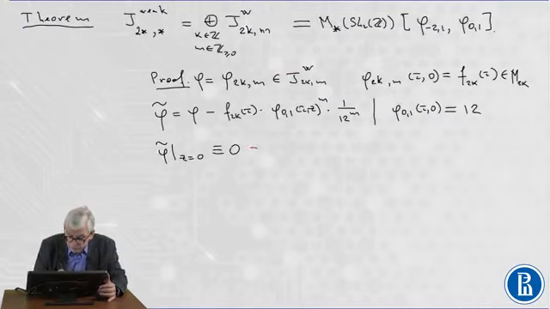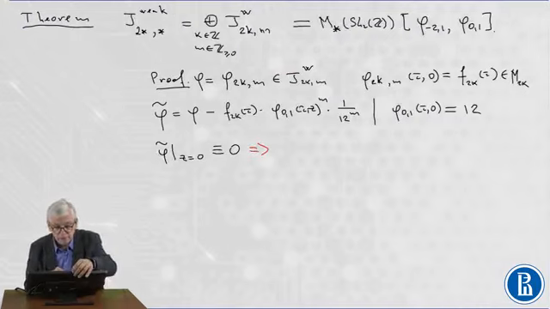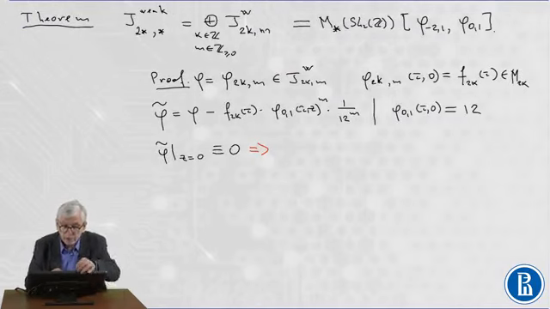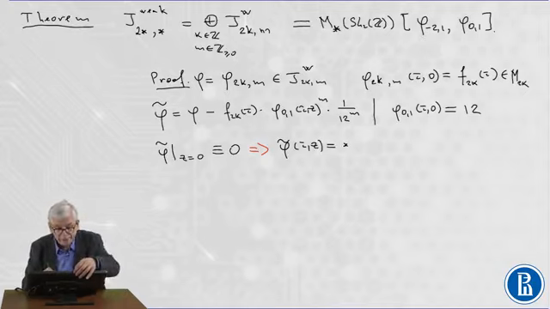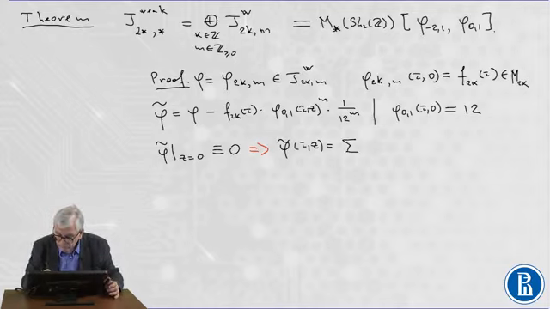It follows that the Taylor expansion of this function starts from z squared: phi tilde is the sum of f tilde n z to the power n, with n greater or equal to 2.